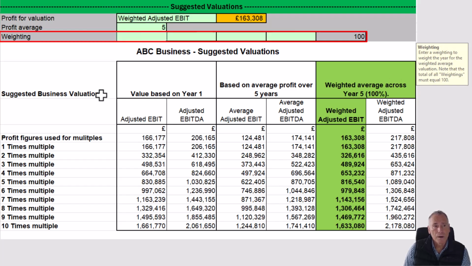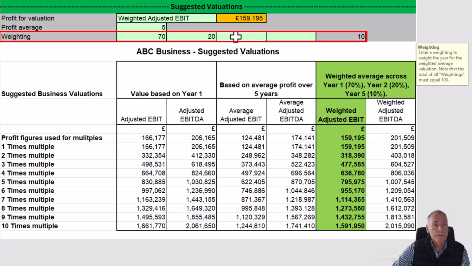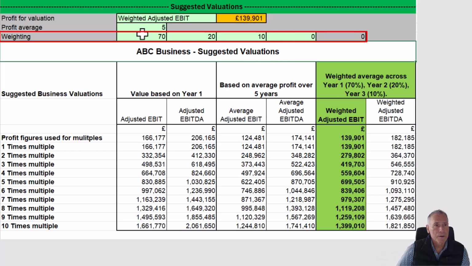Now you could argue that the most recent year would have the highest weighting. So let's give that, say, 70%. And let's say the next year is 20%, and then the third year is 10%, and then the last 2 years are 0. So you're only actually bringing into the equation the 3 years, years 1, 2, and 3.